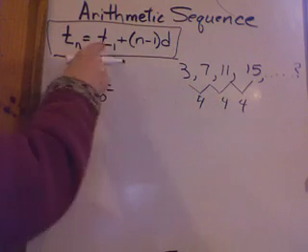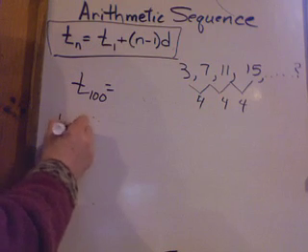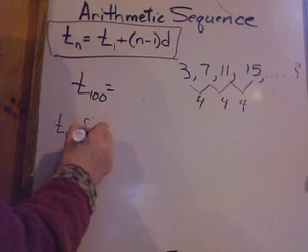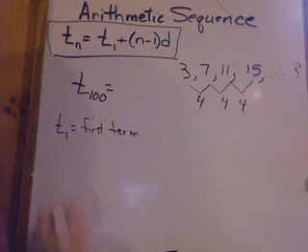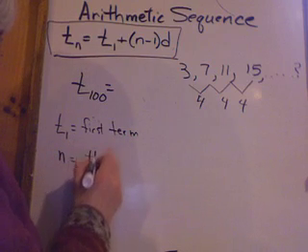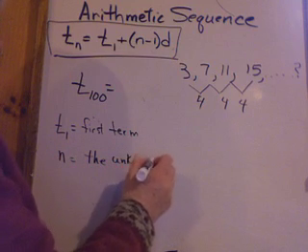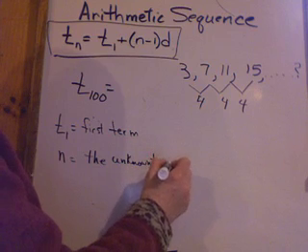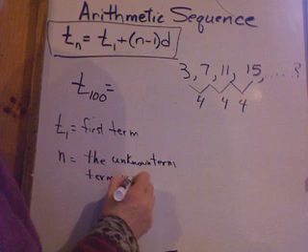Well, we need to understand the parts of the formula. T1 is the first term. N is the unknown term, or the term that you want to find.